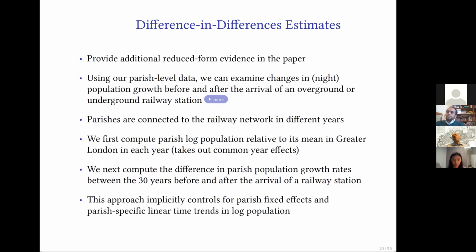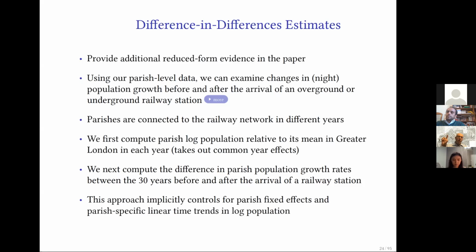How do we control for those pre-existing trends? Well, a very, very simple way of doing that is what's often referred to as a difference in difference estimator. So how are we going to implement that? Well, for every parish in the Greater London area, we're going to compute a very simple difference in difference. We're first going to look at a parish's population growth in the narrow window before a railway station is created.